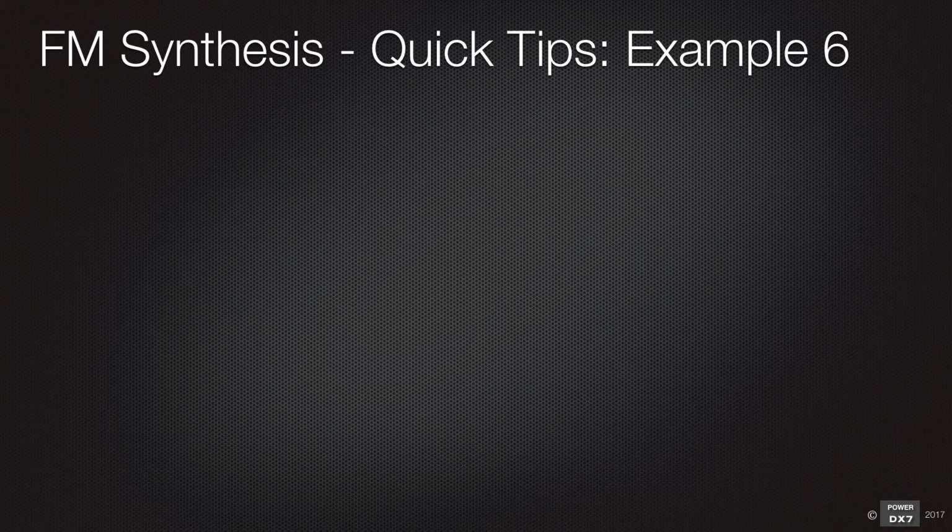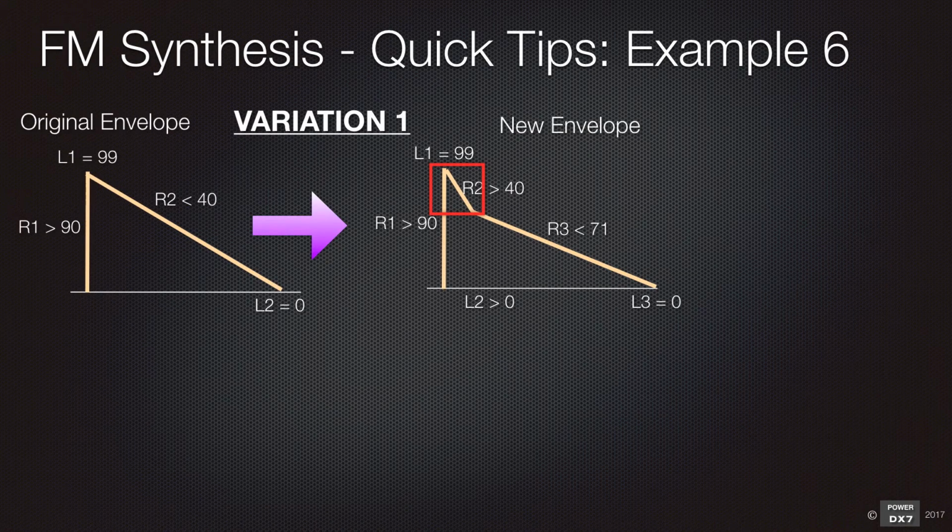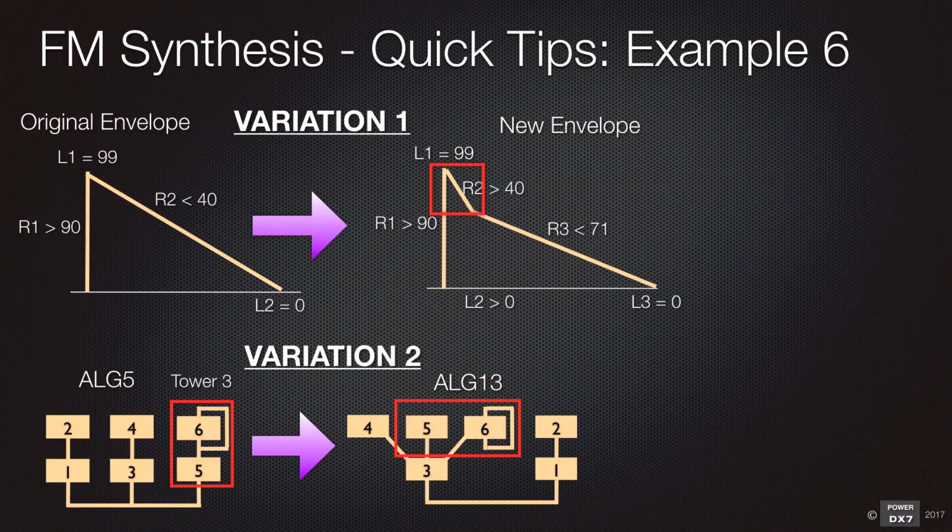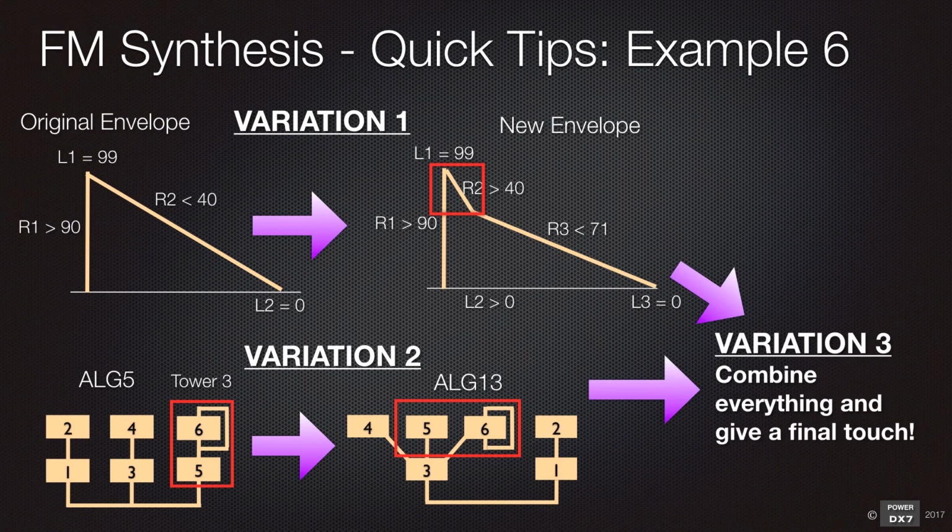For example, in the FM synthesis tube bells tutorials, you get to make 3 different types of the tube bells. The first one is based on changing envelopes. The second one is based on changing the algorithm and making adjustments. The third one is created by combining everything and giving a final touch.